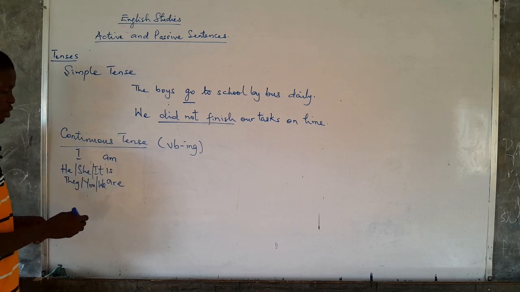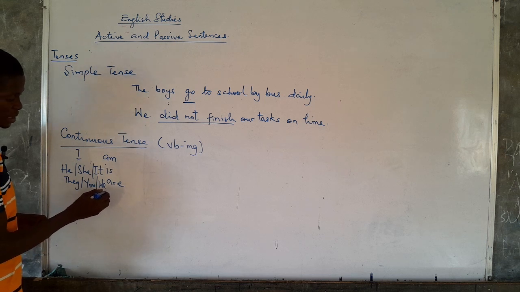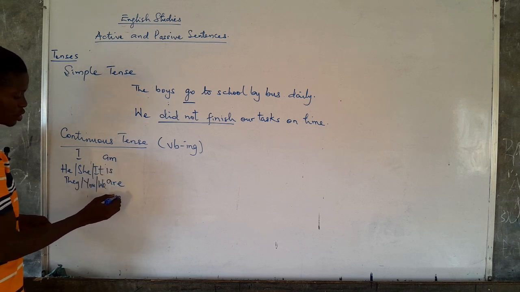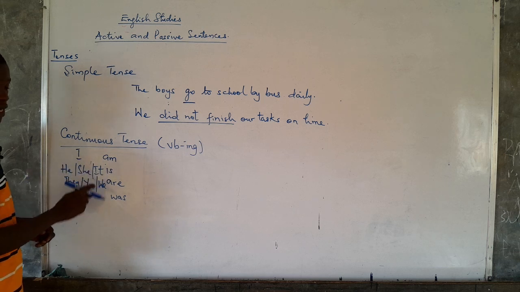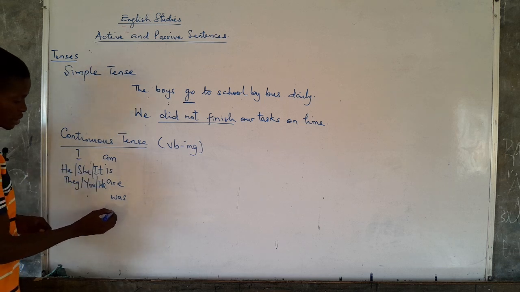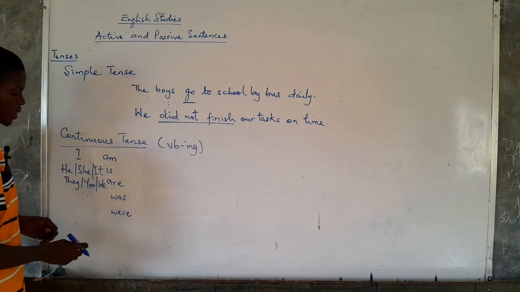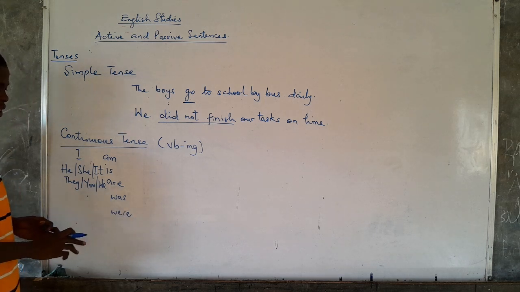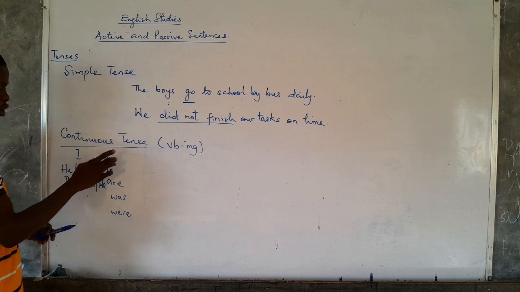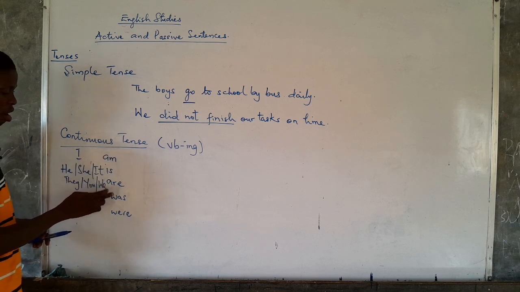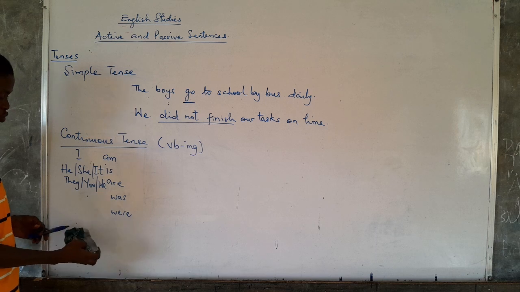At the same time, we have the past tense of is, which will be was. It also uses he, she, and it. Likewise, were, the past tense of are. Basically, we are talking of the following 5 auxiliaries. Speaking of am, is, are, was, and were.